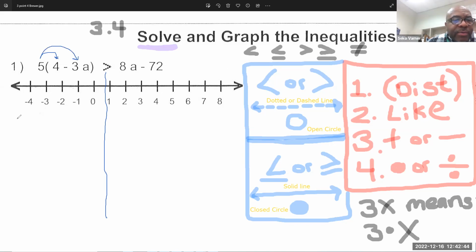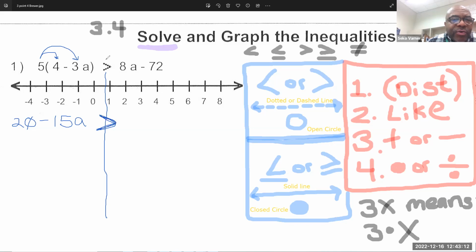So 5 times 4 is going to be 20, right? And then 5 times negative 3 is going to be negative 15. And we're going to include the a. So it'll be 20 minus 15a.